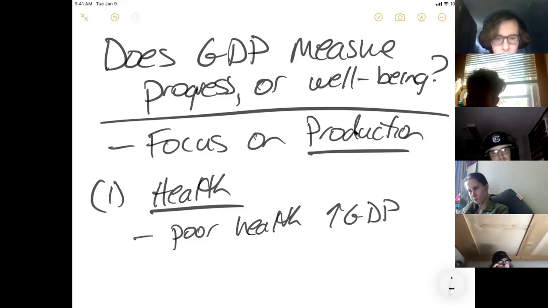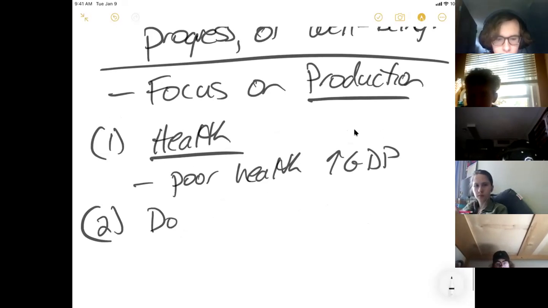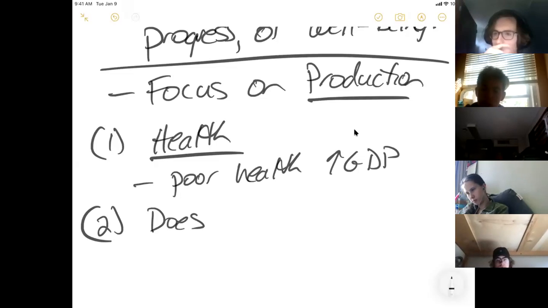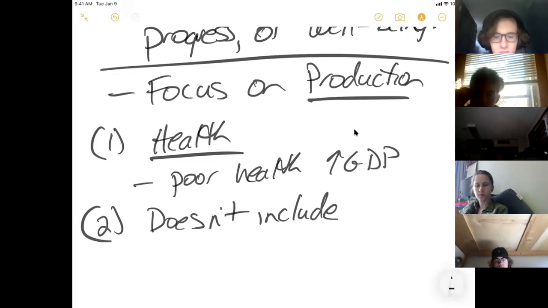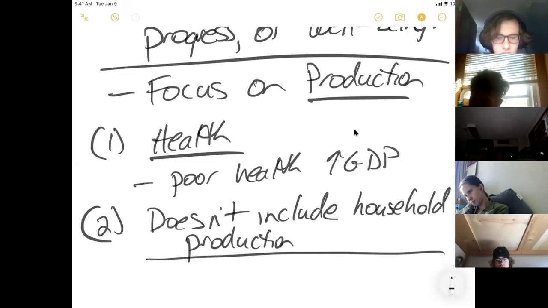One thing that many people have criticized GDP for, and we actually talked about this a little bit yesterday, I think, Sunny, you asked a question about this. GDP does not include household production, meaning anything that's basically produced in the house is not included in GDP.